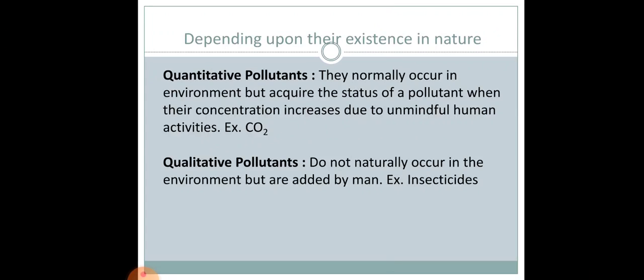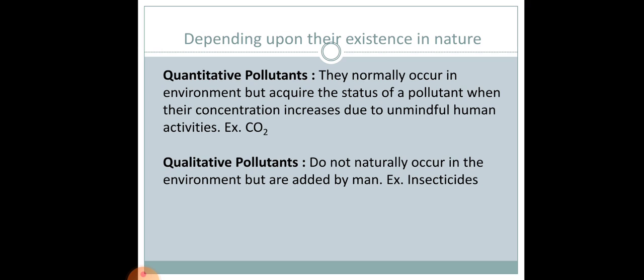Depending upon how they exist in nature, we can classify pollutants into two types, namely quantitative pollutants and qualitative pollutants. Quantitative pollutants normally occur in the environment and acquire the status of a pollutant when their concentration increases due to some human activities.